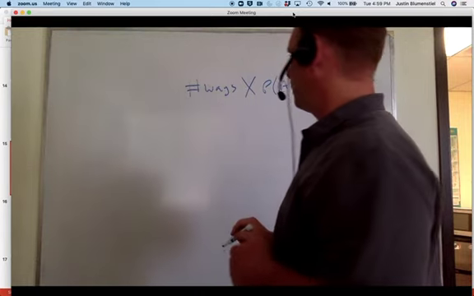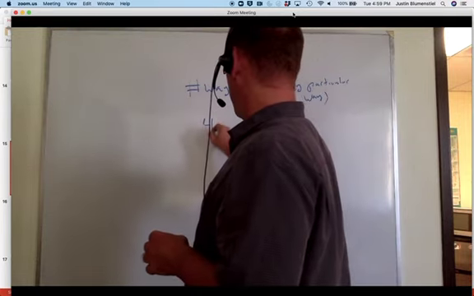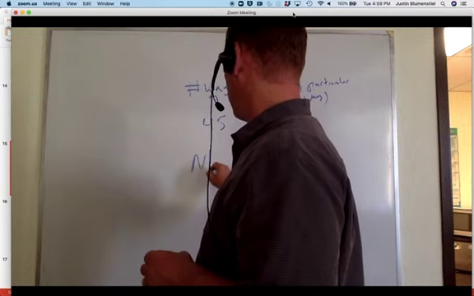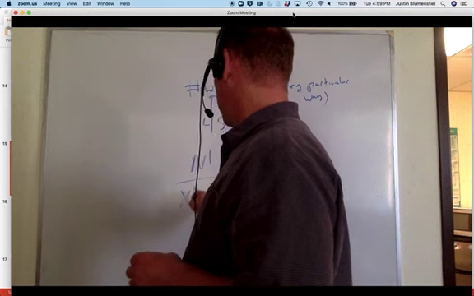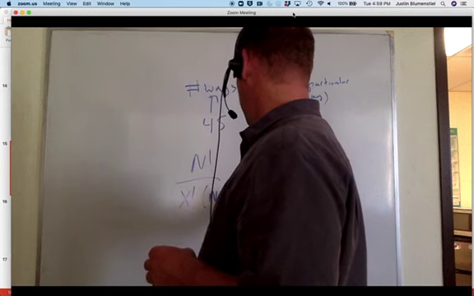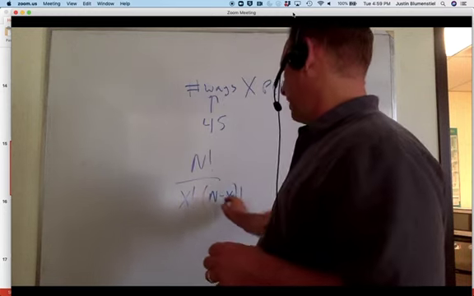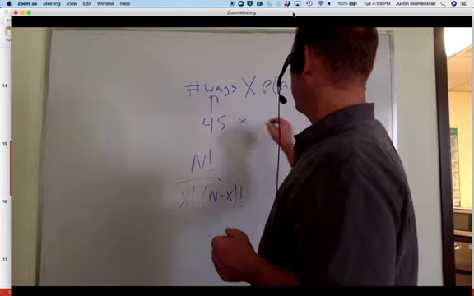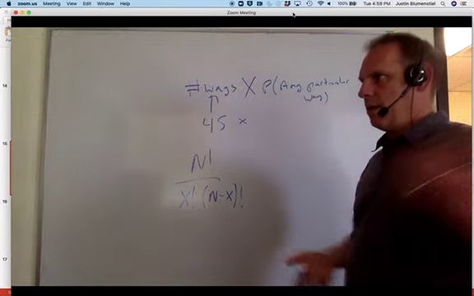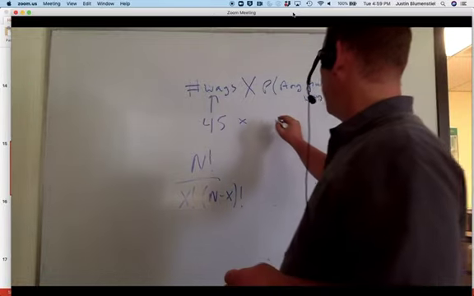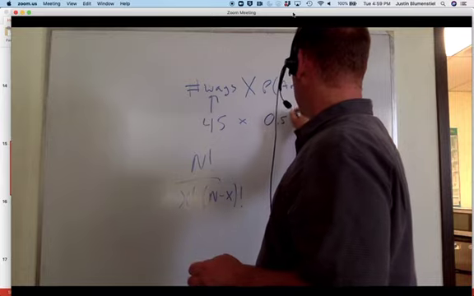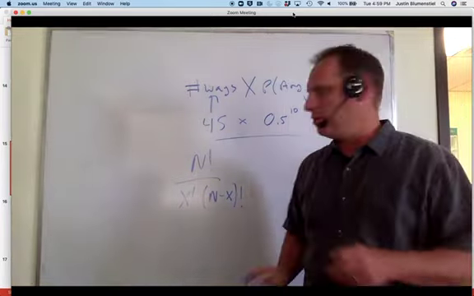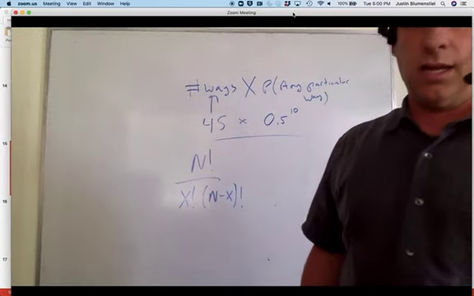In this case it was 45, because that's the number of ways, and we calculated it with n factorial over x factorial times n minus x factorial, in parentheses. And then the probability of any particular way, we already said, 2 girls and then a bunch of boys, or however you want to calculate it, is always going to be 0.5 to the 10th. This is a tool that you're going to use extensively for calculating some things.